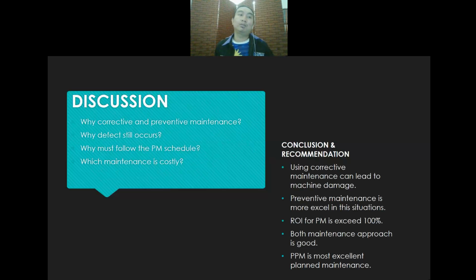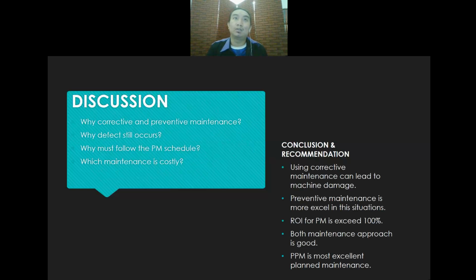Third, why must we follow the PM schedule? As has been said, preventive maintenance is good because there is a schedule to check the parts. It is beneficial, because as you can see from the cycle cost, it shows how different corrective and preventive are.